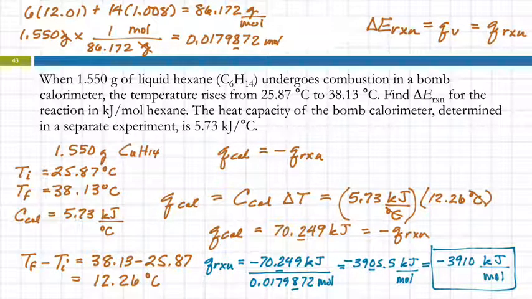You okay with that? So I calculated the amount of heat absorbed or released by the calorimeter, because that's what we can measure, the temperature change in the calorimeter. So that's the heat capacity times the change in temperature. That gave me a positive number. That means the other part is also 70, but the sign is opposite.